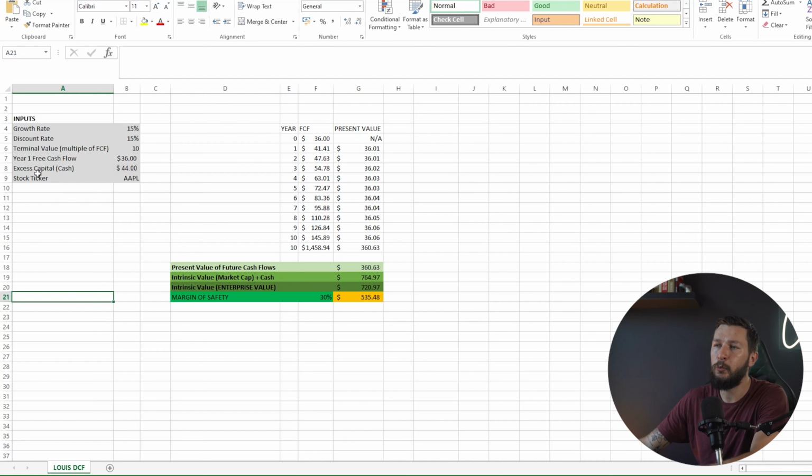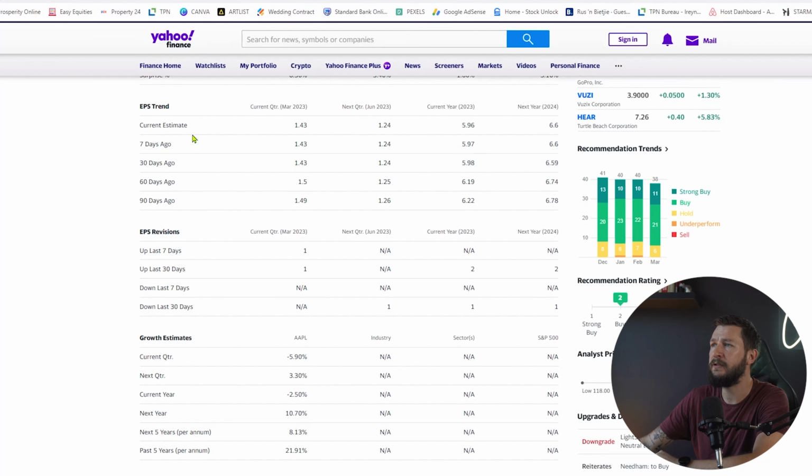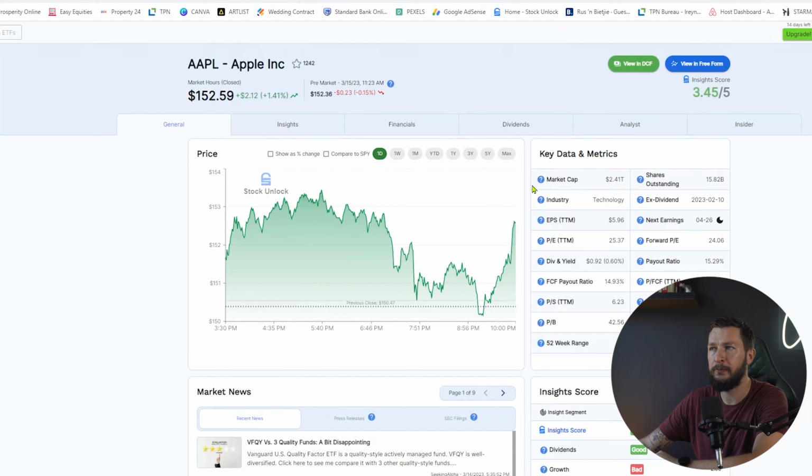So with that out of the way, we need to figure out what the first year of free cash flow is for Apple. There are a few ways that we can do this. We can either jump to Yahoo, but I like to use Stock Unlock. This is a subscription-based service which can help you with your investing quite a bit.